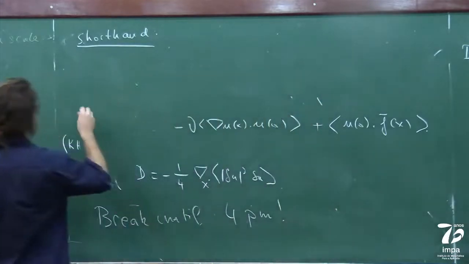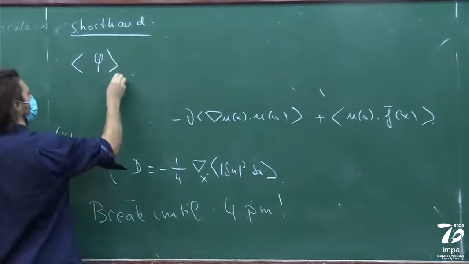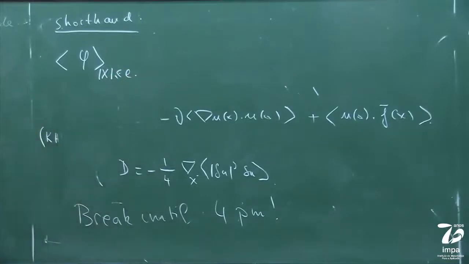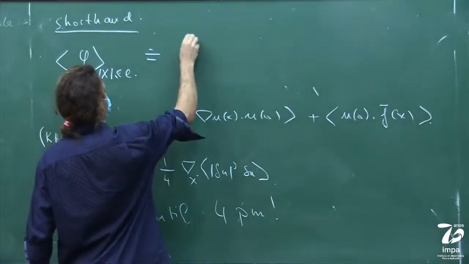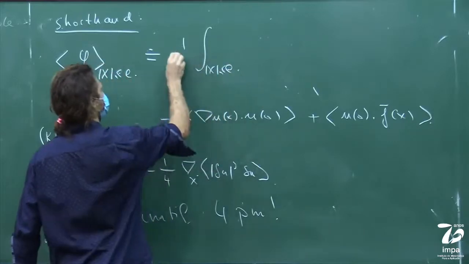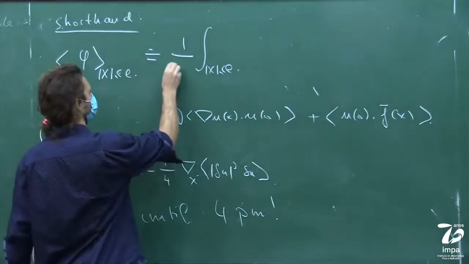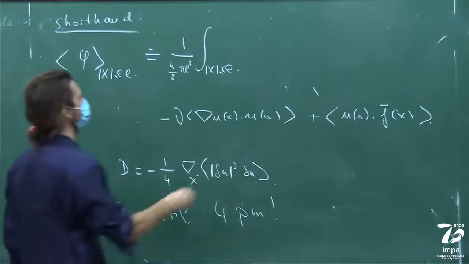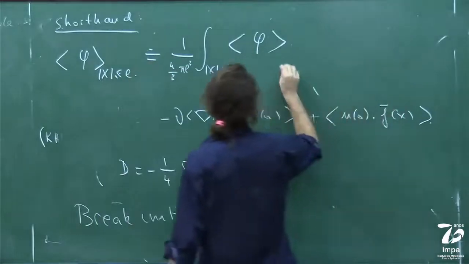So the notation phi of x, for example, will be in fact the integral for x smaller than L divided by the volume of the ball, 4/3 of pi L cube, times the average with respect to nu.